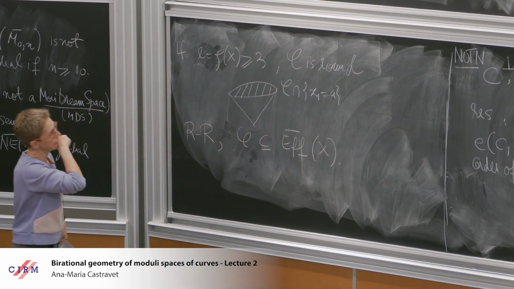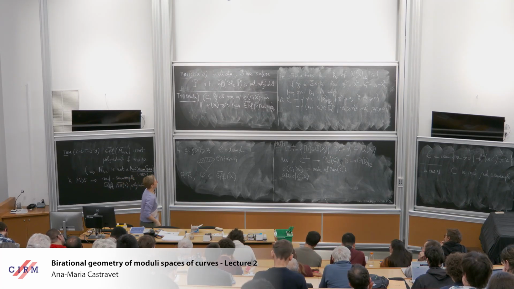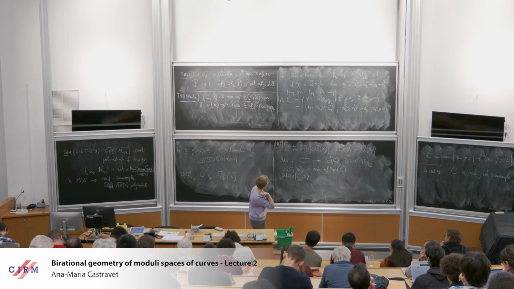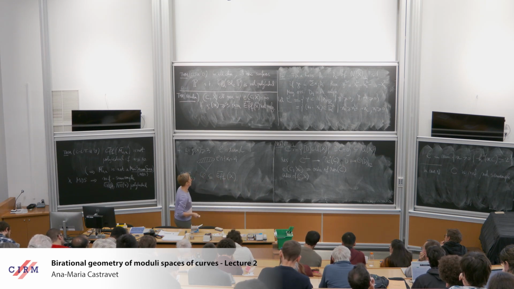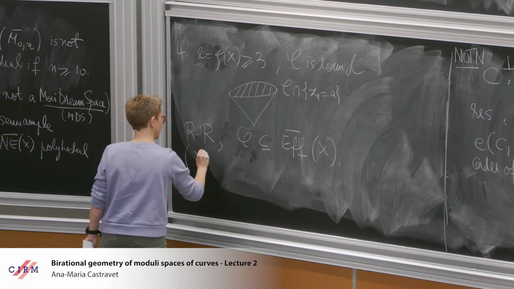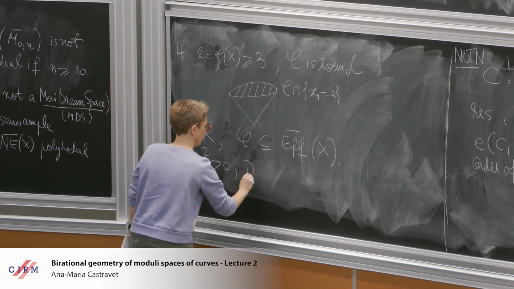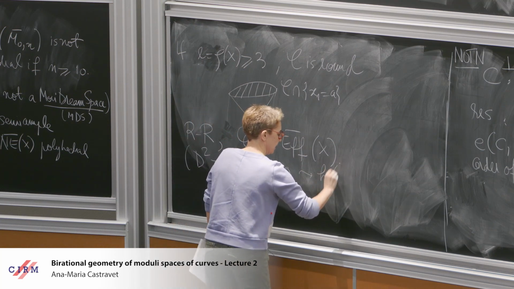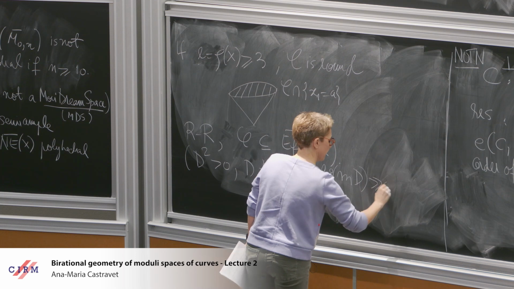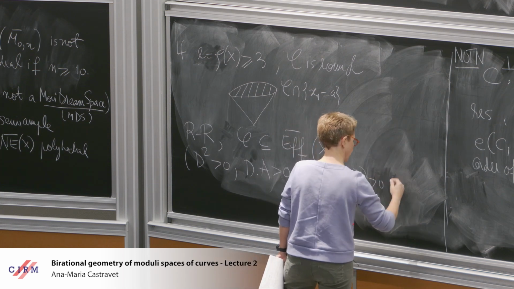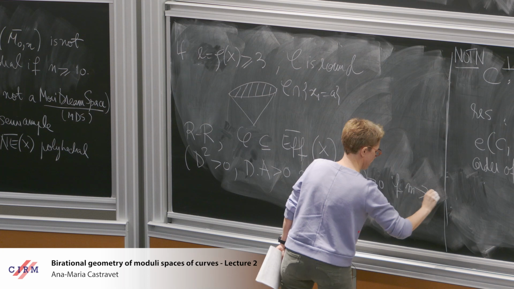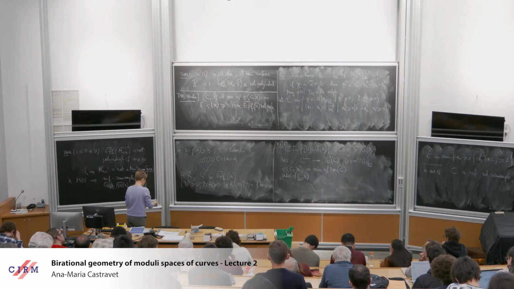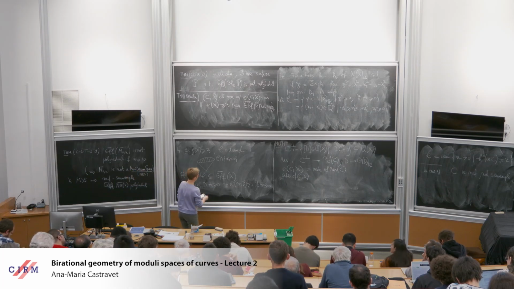You can prove that the interior of this cone is, if I take a Cartier divisor D with positive self-intersection, which intersects an ample divisor positively also, you can see that there will be sections if M is sufficiently large. And then the statement is: how can you contain this round cone in a polyhedral cone?